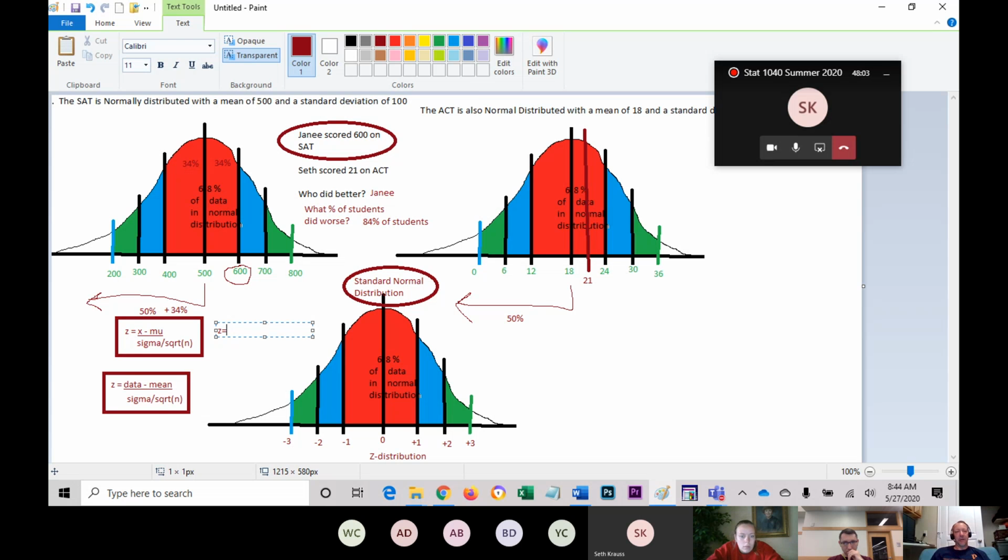Is x the mean? No. X is the data. So what's your data? Is that the 600? That would be the 600. Okay, so you scored 600. And we're going to subtract mu. What's mu?